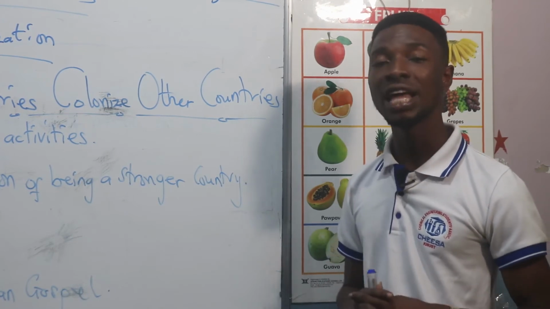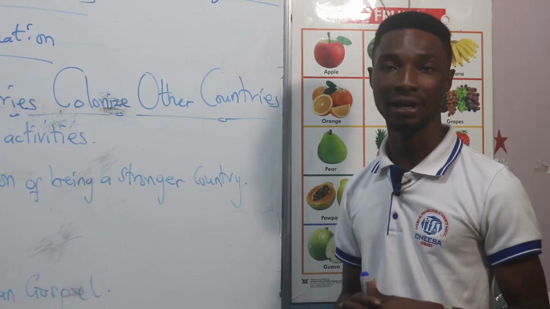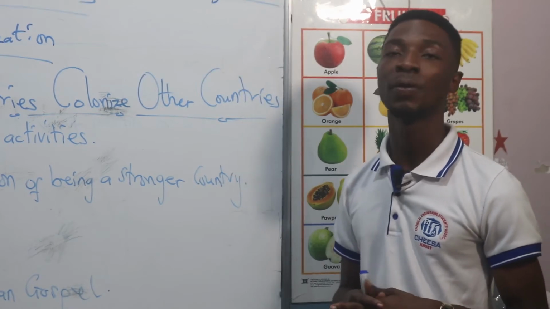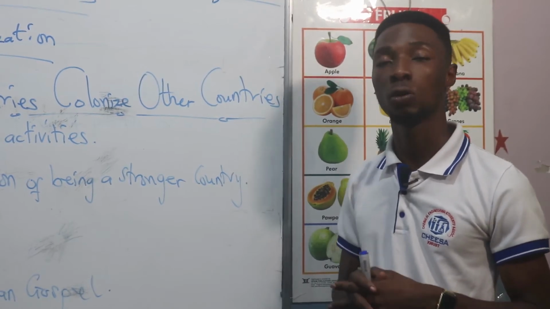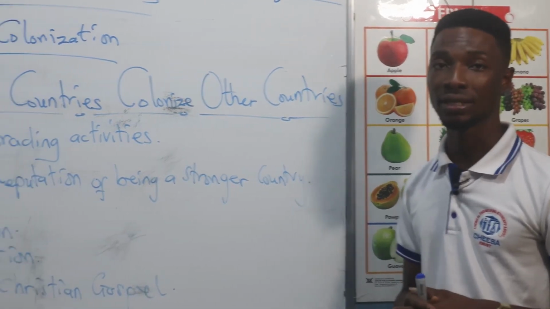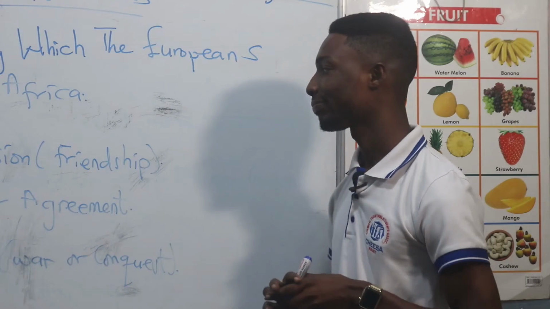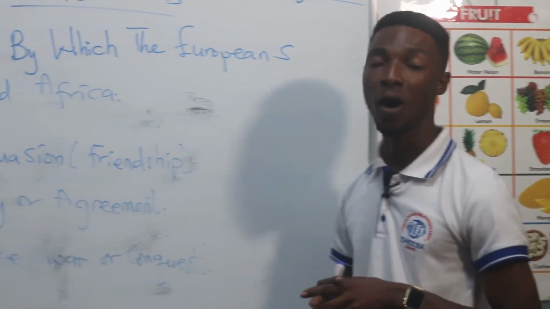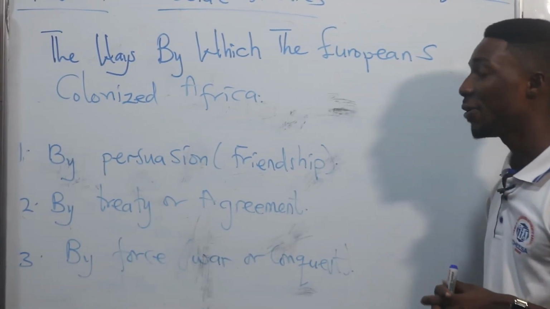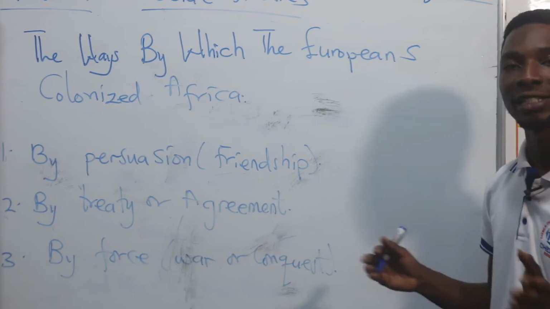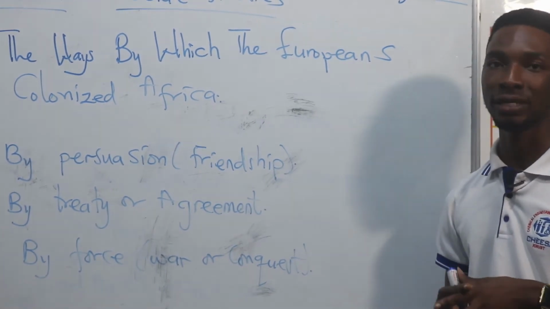By what means did the Europeans colonize Africa? Let's exploit some of the ways by which Africa was colonized by the Europeans. By persuasion or friendship. The Europeans tried to build some friendship ties with some African countries.